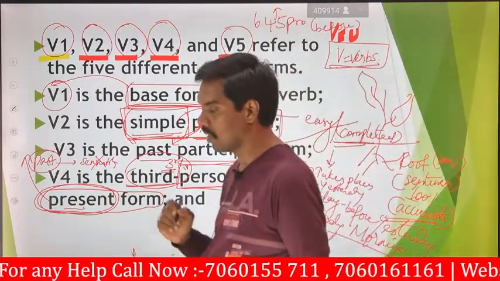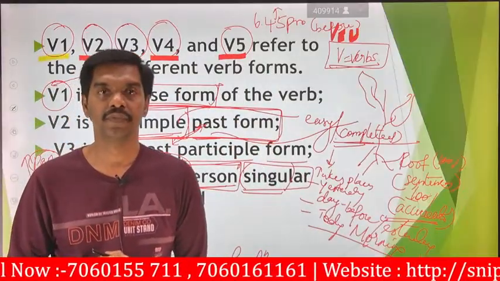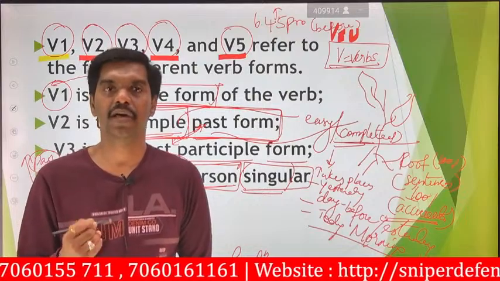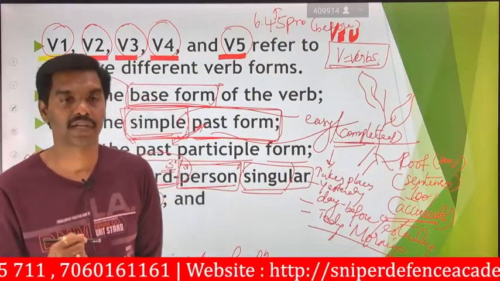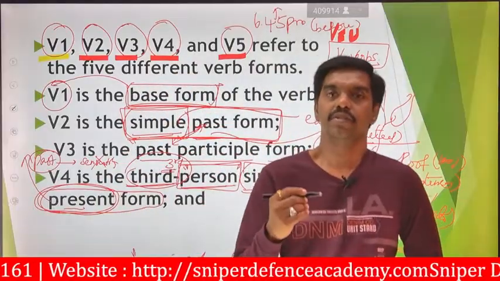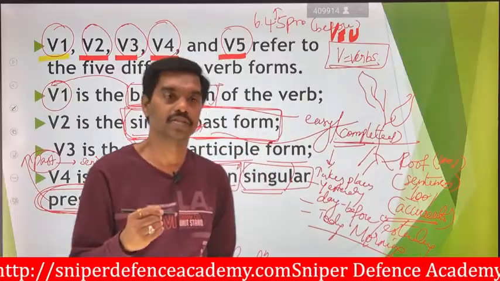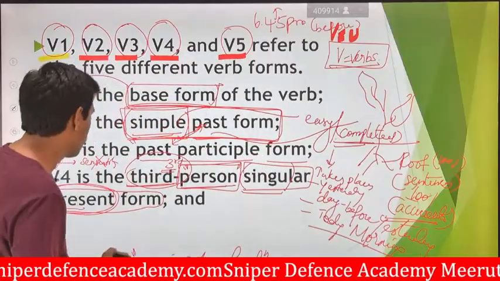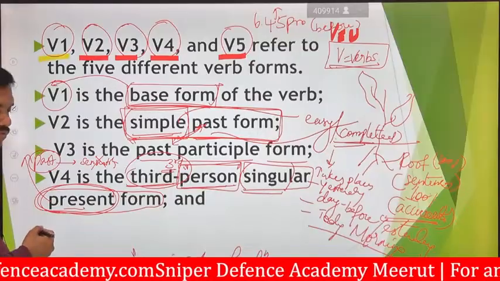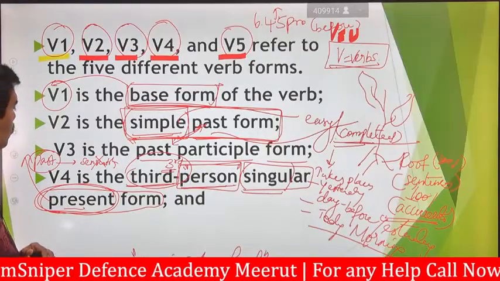It simply says that some action takes place, but it never indicates whether it is in present, future or past. So it gives a meaningless sense. That is V4.